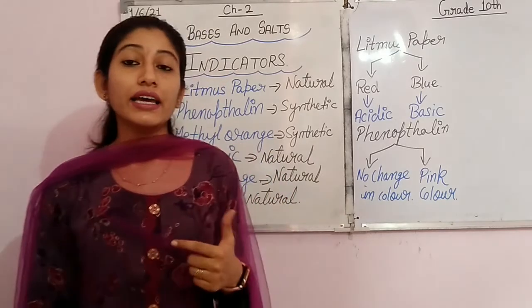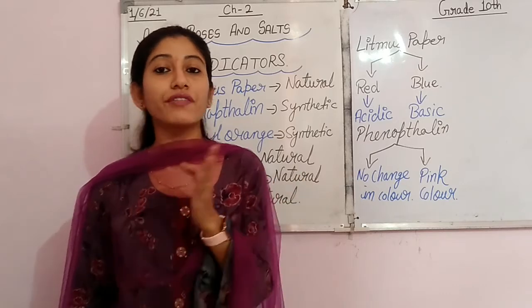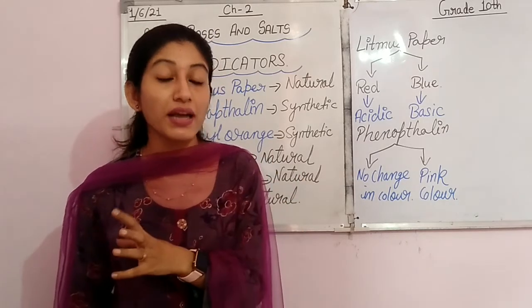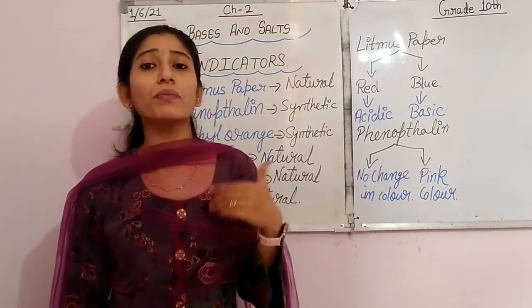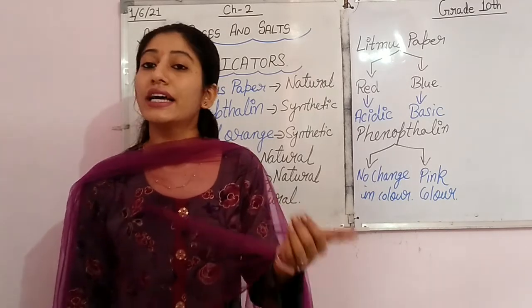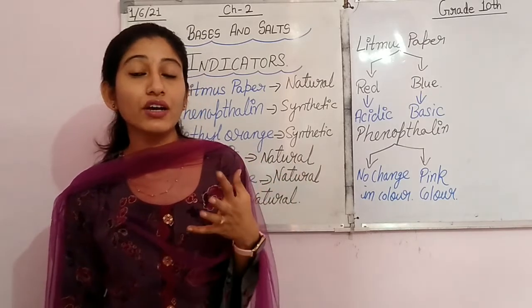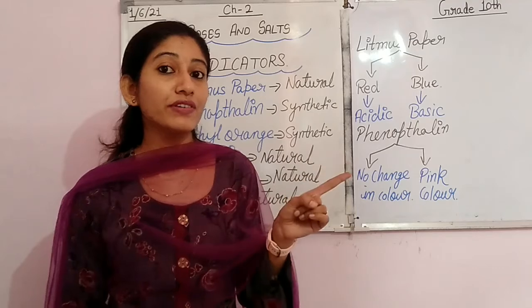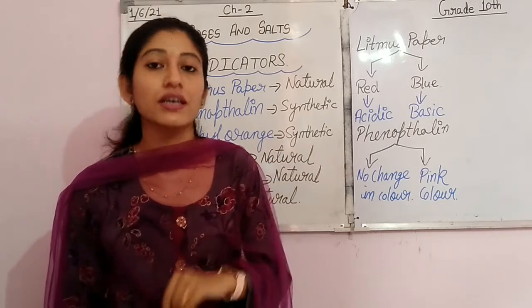Like some will give you a pungent smell, then you will come to know whether it is acid or base. Some will give a rotten egg smell, then you have to predict whether it is acid or base. So many types of smells are there. In this way you cannot know directly. Whenever you do any practical in the lab, you will come to know that this type of smell indicates whether it is acid or base.